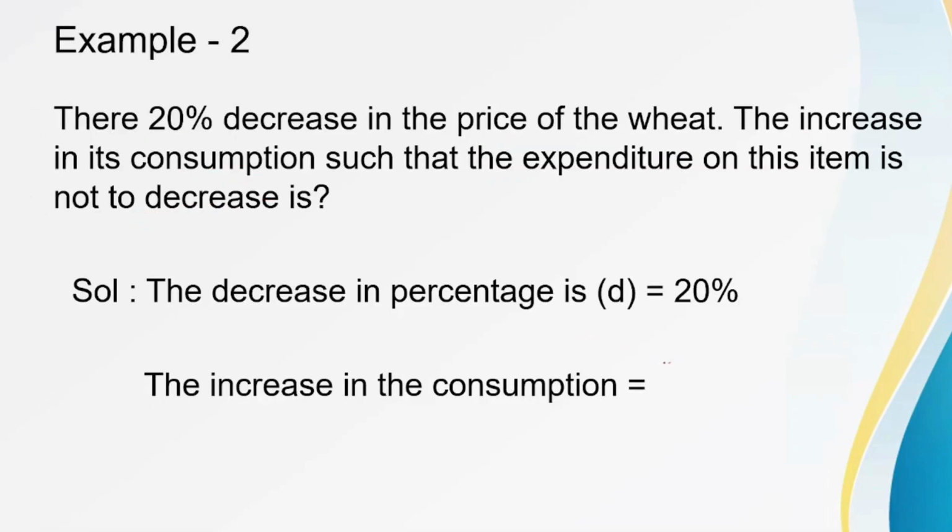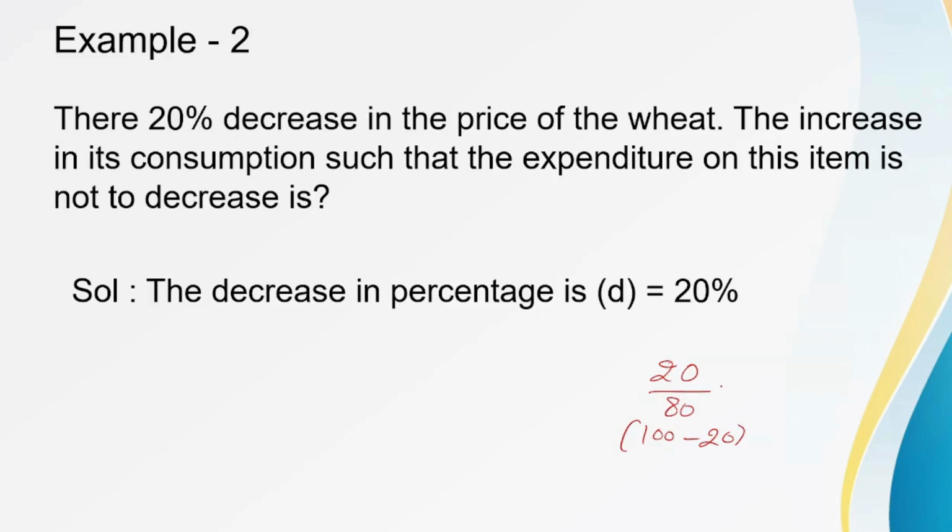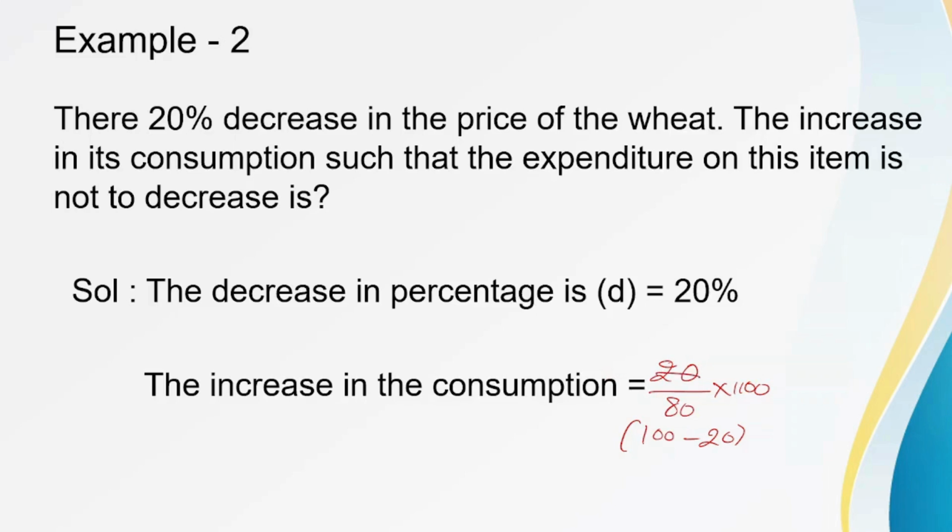The increase in consumption is 20 by (100 minus 20), because it is a decrease, that's why 100 minus 20, this is 80, into 100. So the cancellation: 20 ones are 20, 4 fours are 16, 4 twos are 8, 4 fives are 20. So 25%. So the increase in consumption must be 25%.